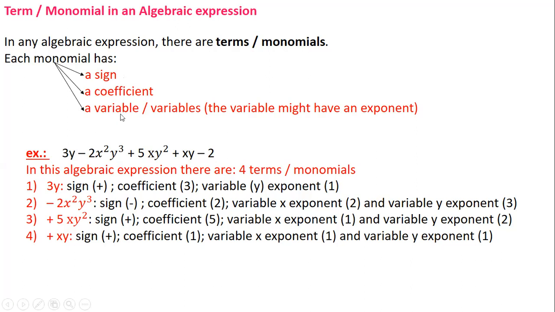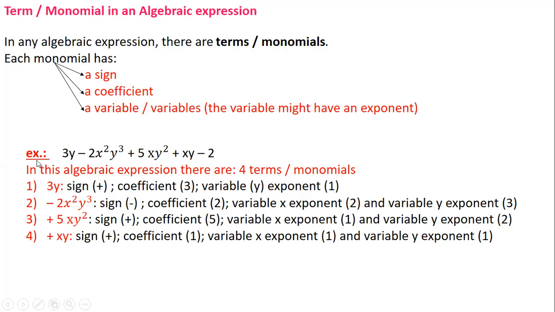When we talk about variables, in a monomial, we might find one variable, for example, x. Or we might find more than one variable in a monomial, for example, x, y. Also, the variable might have an exponent. So we might find a monomial which is, for example, x squared or y cubed.